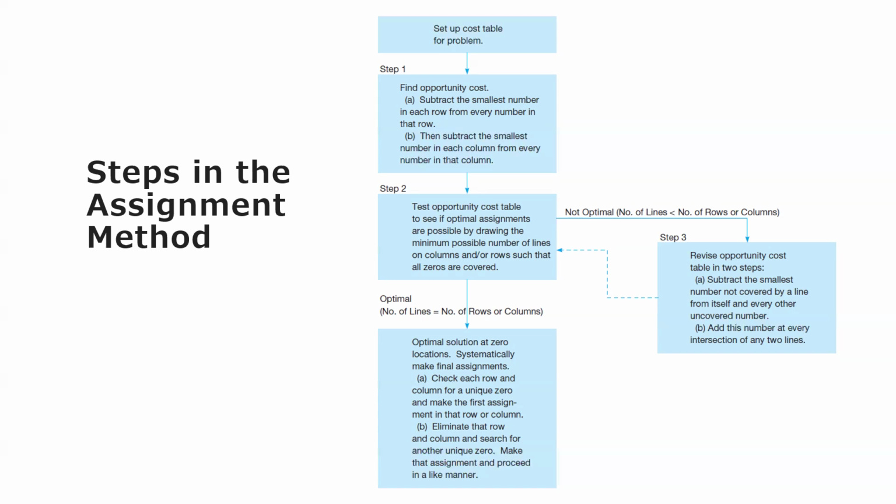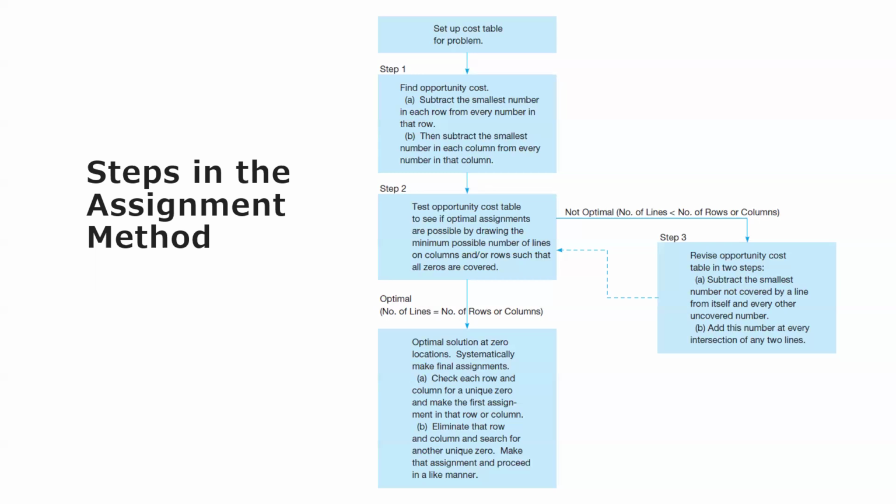Then subtract the smallest number in each column from every number in that column. First we subtract the row, and after that we subtract the smallest number of the column from the values of the column.